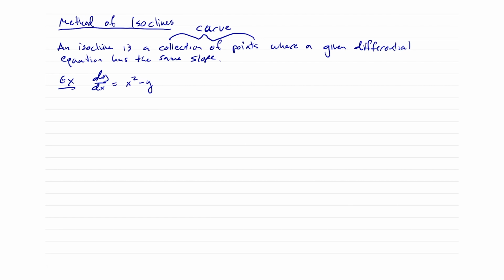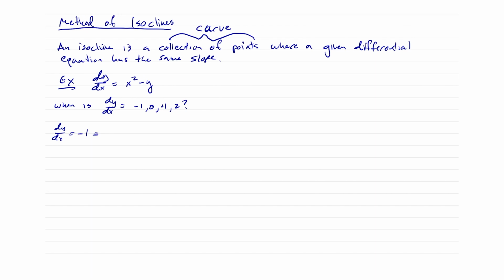What I'm going to do is ask questions. When is dy/dx equal to, say, -1? When is it equal to 0? When is it equal to +1? When is it equal to 2? Let's see if we can answer these questions. If dy/dx is equal to -1, all my slopes are going to be sort of 45 degrees there.